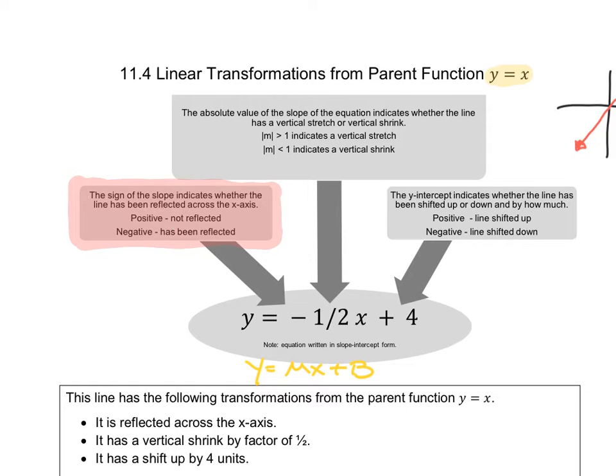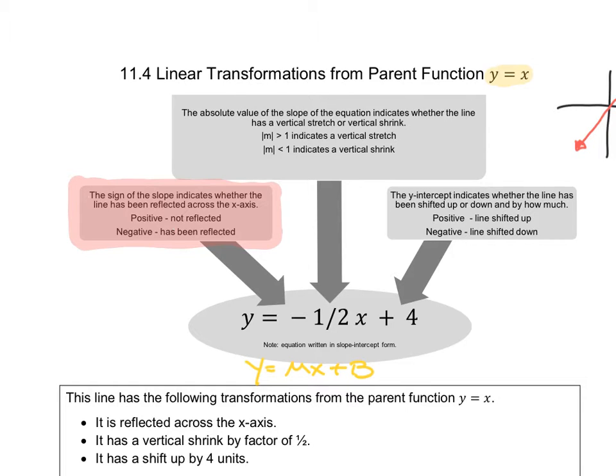If it is positive, it is not reflected. If it is negative, it has been reflected. So that's all about reflections. We'll see what I'm talking about in a second. But here's the big thing you need to know: if you see a negative on your slope, then you would say it is reflected. That's the big takeaway.